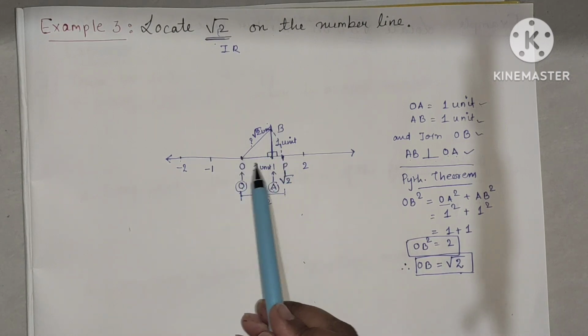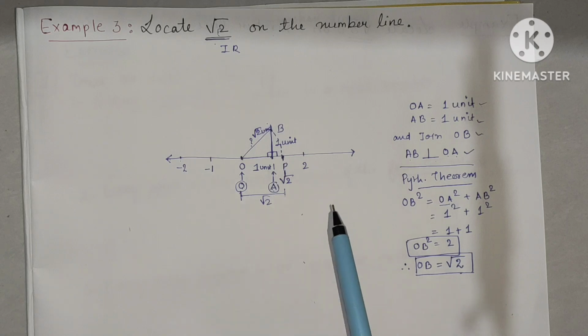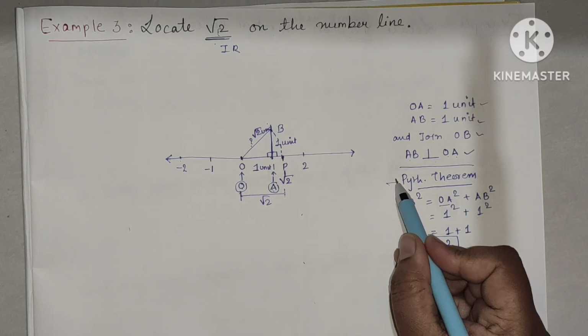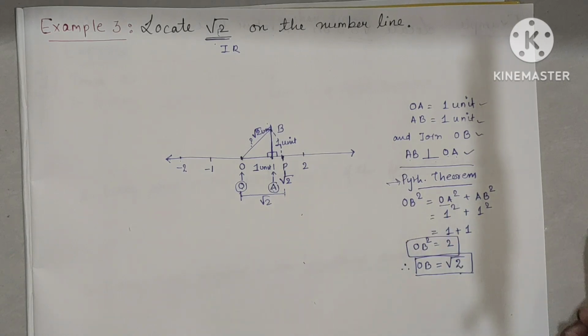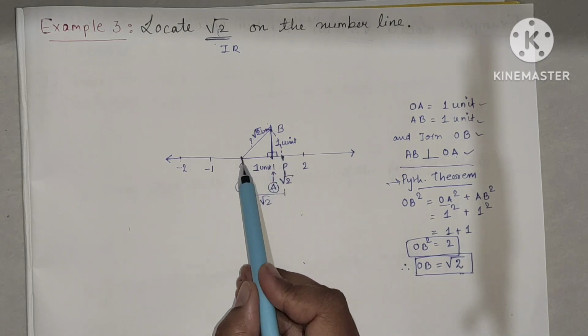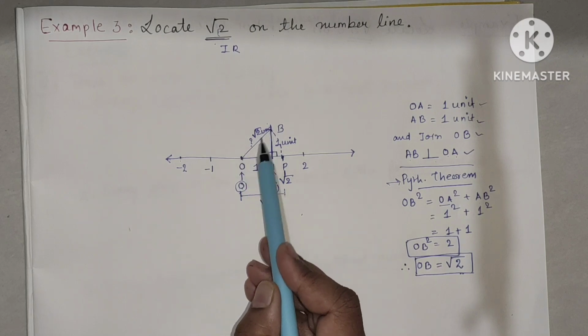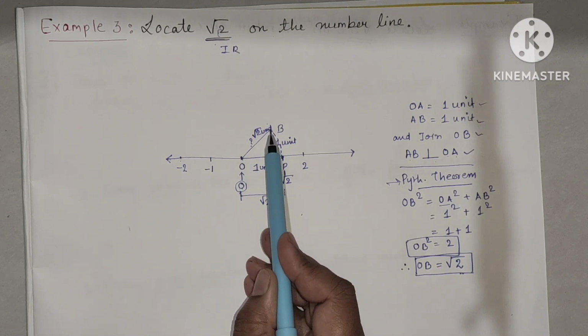Now this triangle is a right angle triangle, so you are going to apply Pythagoras theorem, and then by calculating OB, you will get root 2. So you are going to write root 2 distance over this hypotenuse.